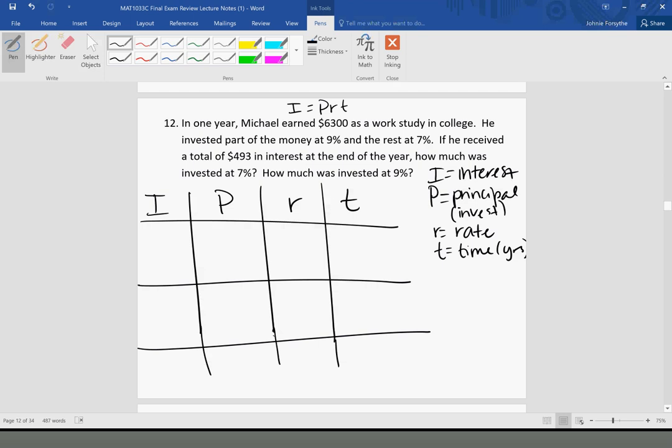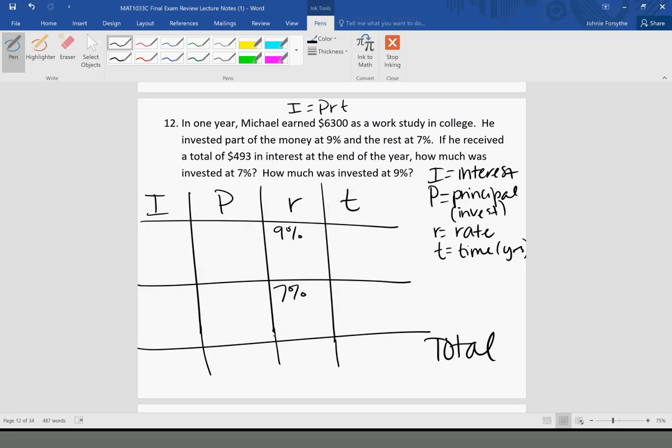Alrighty, so we have a 9% interest account and a 7% interest account. That's like your rate. So let's fill in what we know. And then we have a total row. So this first row is for the 9% account. The second row is for the 7% account. And the third row is your total row.